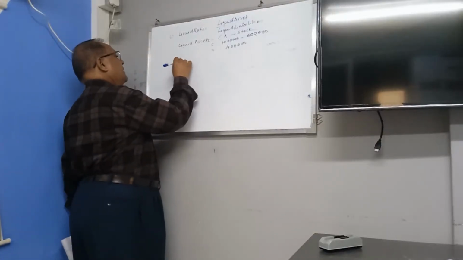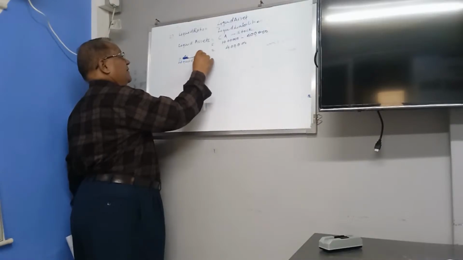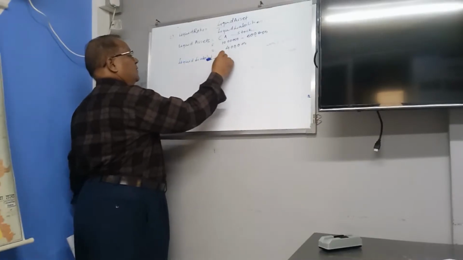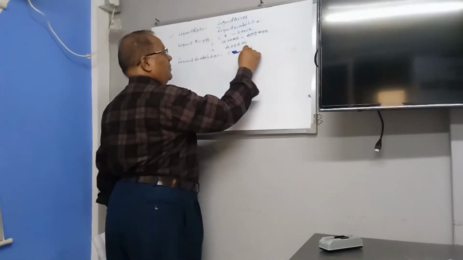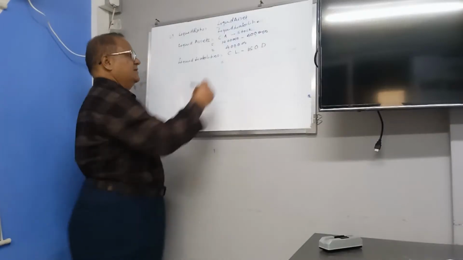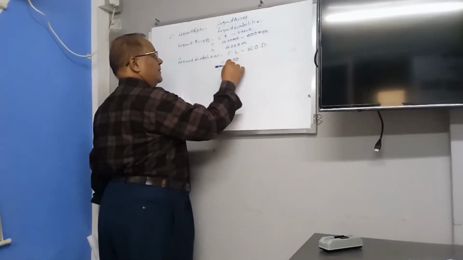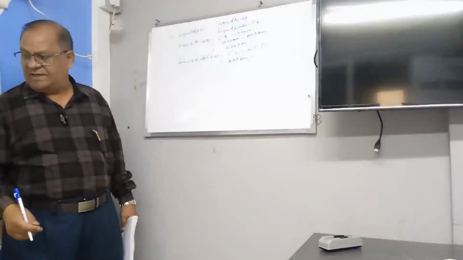Then liquid liabilities. Liquid liabilities is equal to current liabilities minus bank overdraft. Current liabilities is 4 lakh, which we have already ascertained initially.